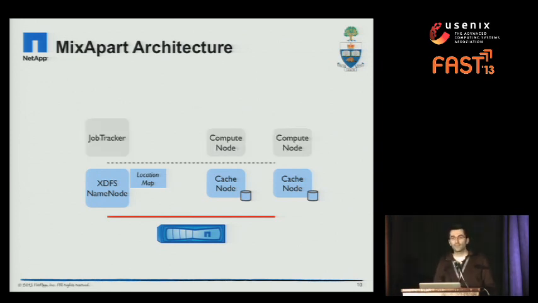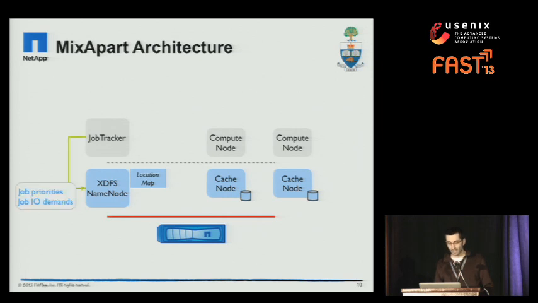Logically decoupled from this cache, there's the compute layer. I'm showing a couple of compute nodes. There's a job tracker which mimics the Hadoop job tracker, which is a manager that manages the entire distributed computation tier. And while they're decoupled, the interesting point is that we make them collaborate fairly heavily.